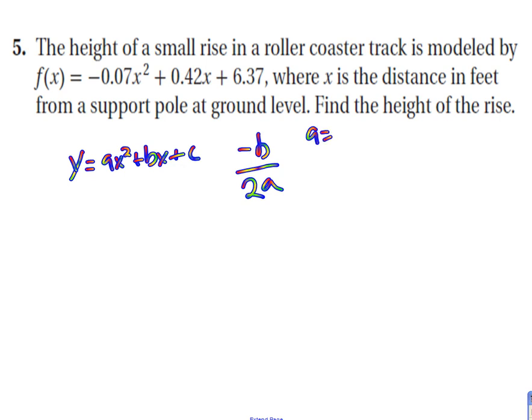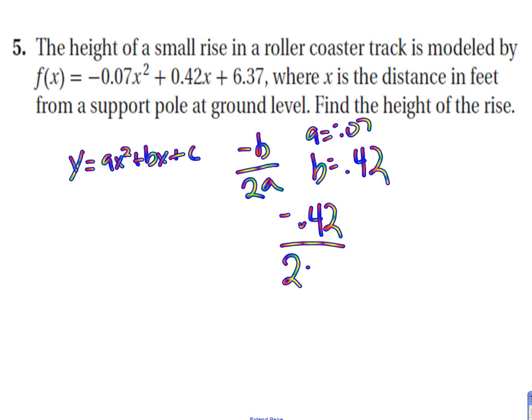So a is negative 0.07. Don't forget your negatives. B is 0.42. So you substitute those into our equation. So negative 0.42 divided by 2 times negative 0.07.